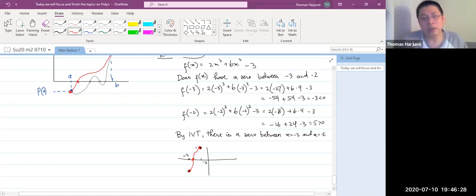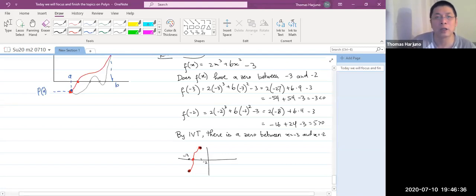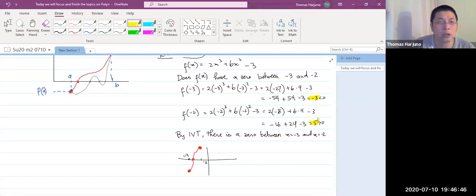Now the thing is, what then happens? What do we say if they have the same sign, both of them positive? This one here is one of them negative, one of them positive. So if they have opposite sign, then it's guaranteed that you have at least a zero in between. What if they don't have opposite sign? Then there's no guarantee.